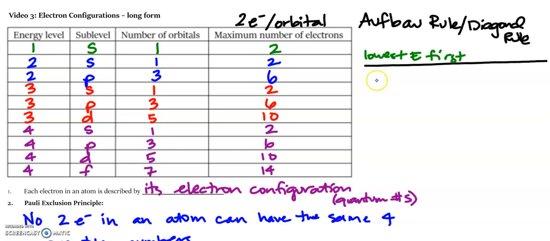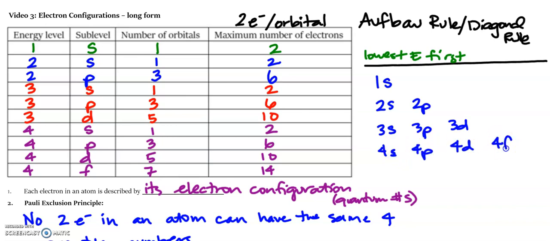So in the first energy level, there is 1s. In the second energy level, there's 2s and there's 2p, sorry. In the third energy level, there's 3s, 3p, and 3d. In the fourth, it's 4s, 4p, 4d, and 4f.